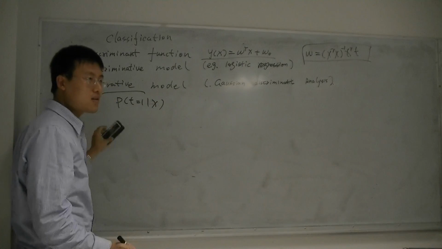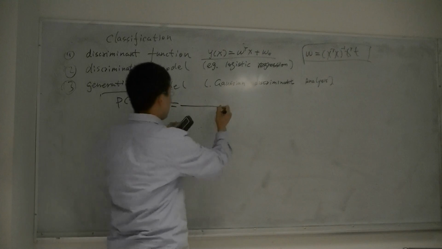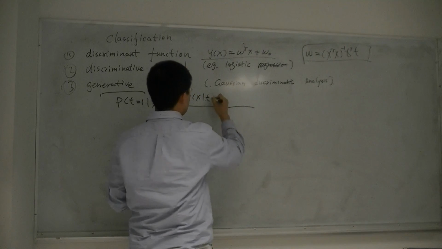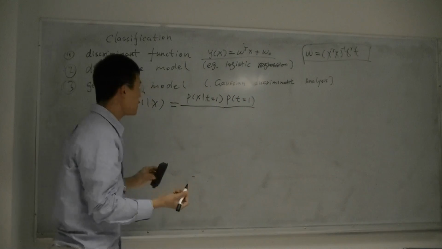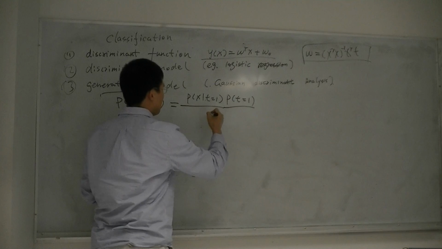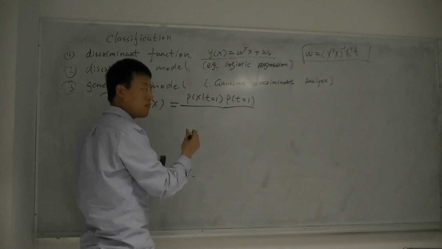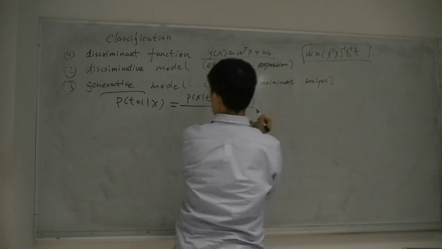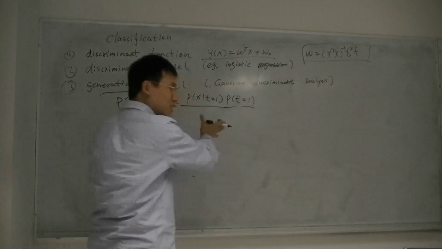The probability of t equal to 1 given x, according to the Bayesian rule, is equal to p(x given t equal to 1) times p(t equal to 1), over the model evidence, p(x).